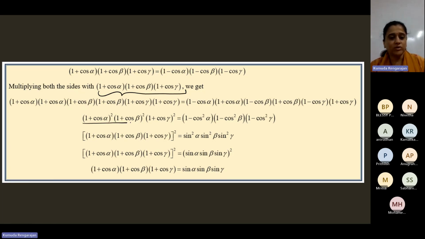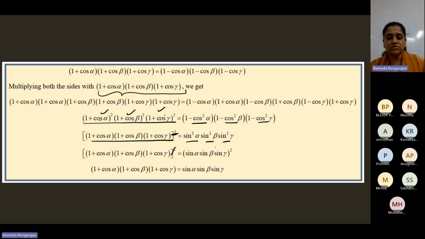So here you get three different perfect squares like a square, b square, c square. So you write it as a into b into c the whole square. And here this is sine square alpha, sine square beta and sine square gamma. So write it as sine alpha, sine beta, sine gamma whole square.